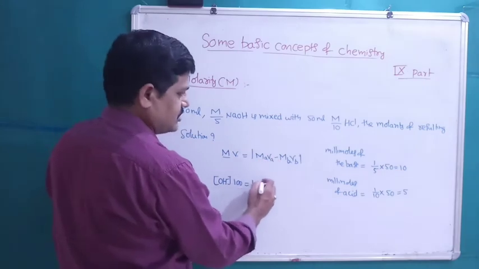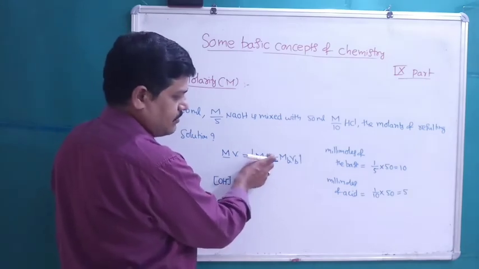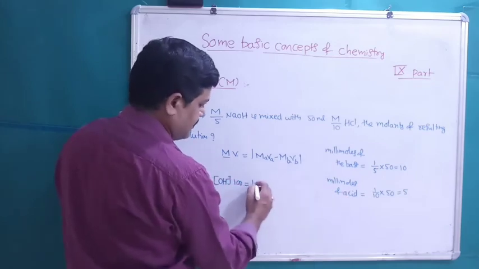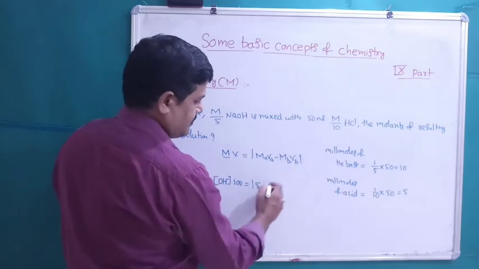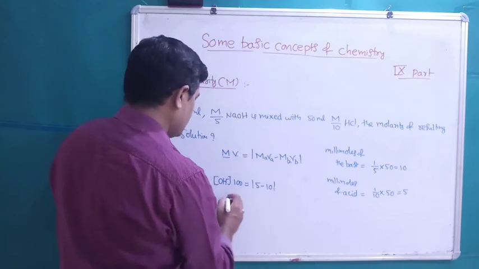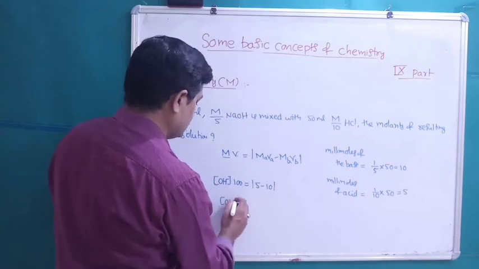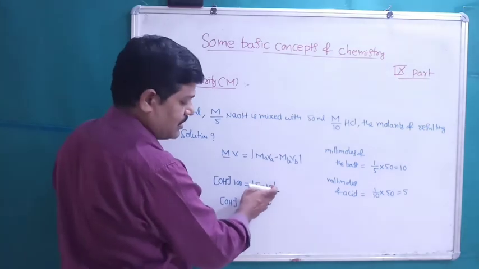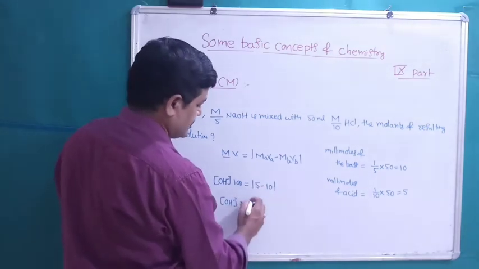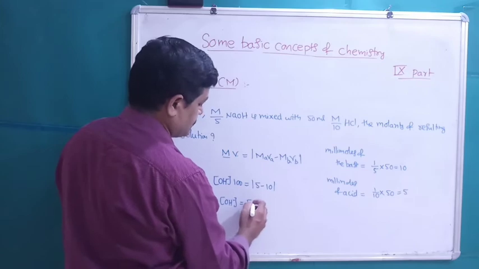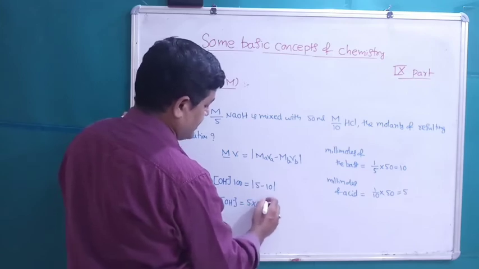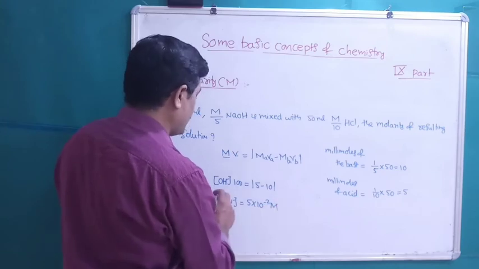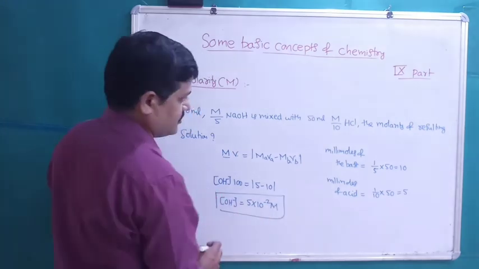So we can substitute the millimoles only: Ma into Va, that is the millimoles of acid, 5, minus Mb into Vb, that is 10, right? So OH minus is equal to 5 minus 10, minus 5 we will get, modulus is there, so the sign will be positive, that is 5 into 10 power minus 2 we will get, right? This is the molarity of OH minus in the resultant solution.